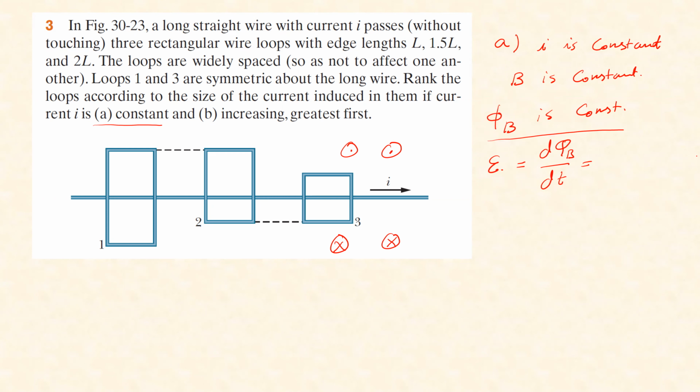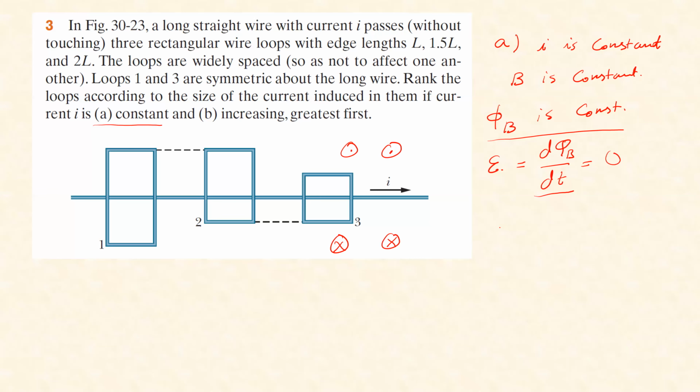The flux is constant. What is its rate of change? 0. Yes, it's 0. So because the flux is constant, for each one of them the flux is not changing. Therefore, the EMF in them is 0. And of course, EMF is 0 means current is 0.